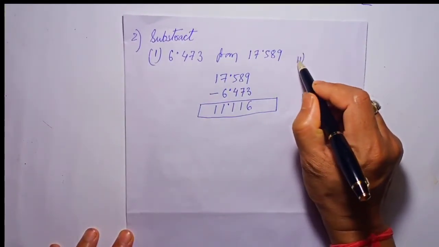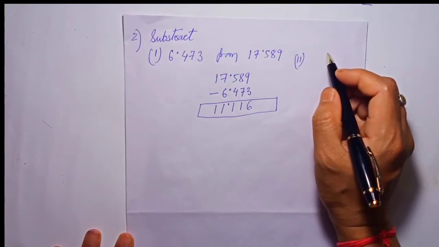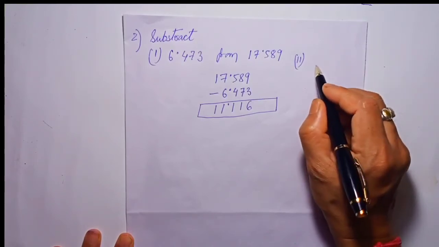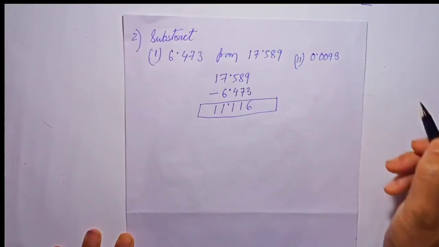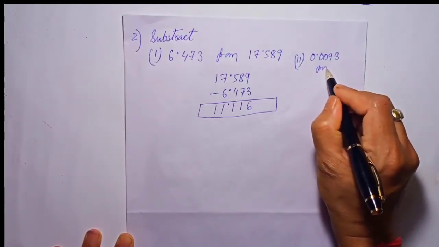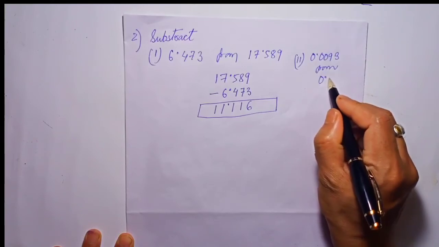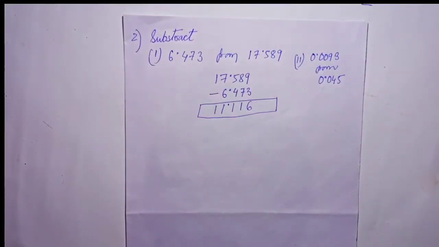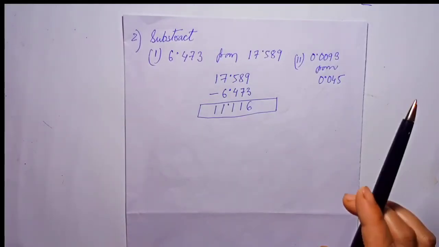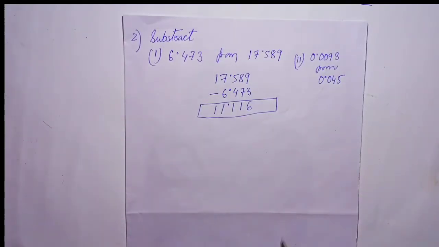Come to question number 2. I am writing here. What is the question saying? Subtract 0.0093 from 0.045. You have to subtract 0.0093 from 0.045. What are we going to see? At first, you check whether the given numbers are like decimals or not.